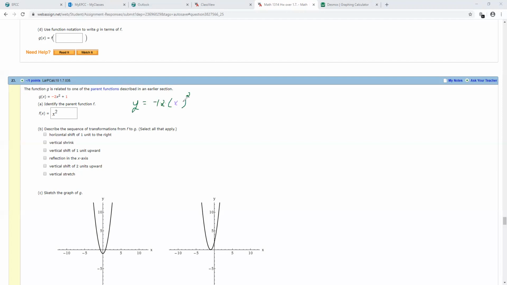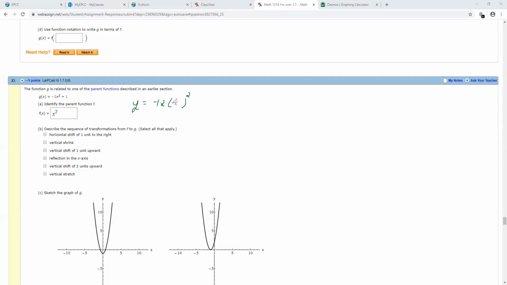There's no horizontal transformation of any kind going on in this function. There's no horizontal shift, left or right, because there's no plus or minus inside. Is there any multiplication in front of this x here, Griselda? No. So that means no horizontal dilation. Is there a multiplication of -1 inside, Griselda? No. That means no reflection over the y-axis.